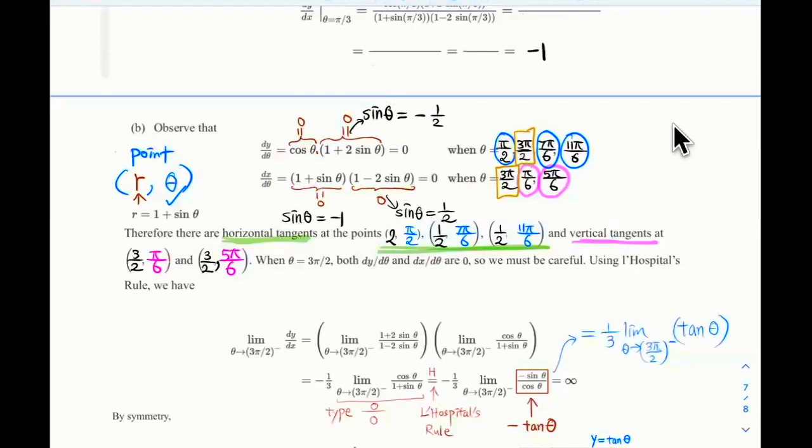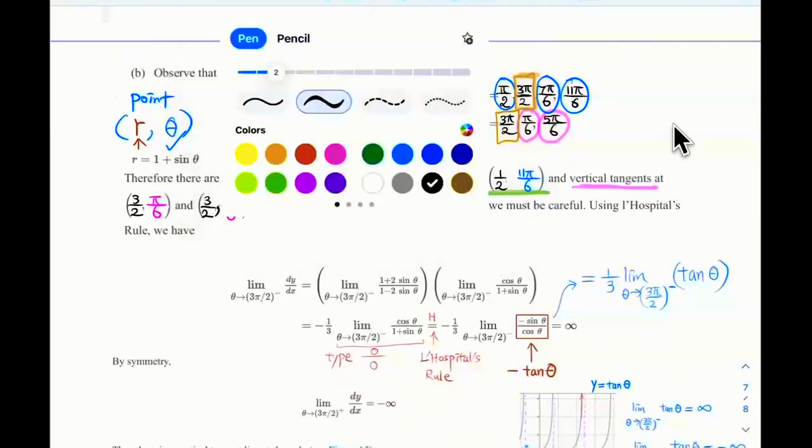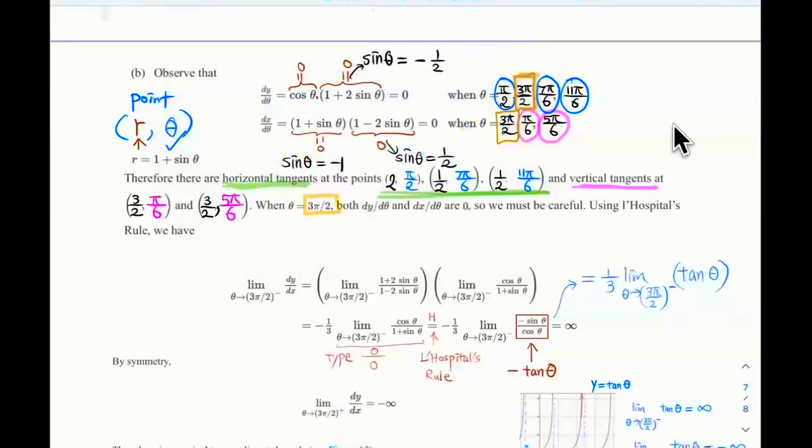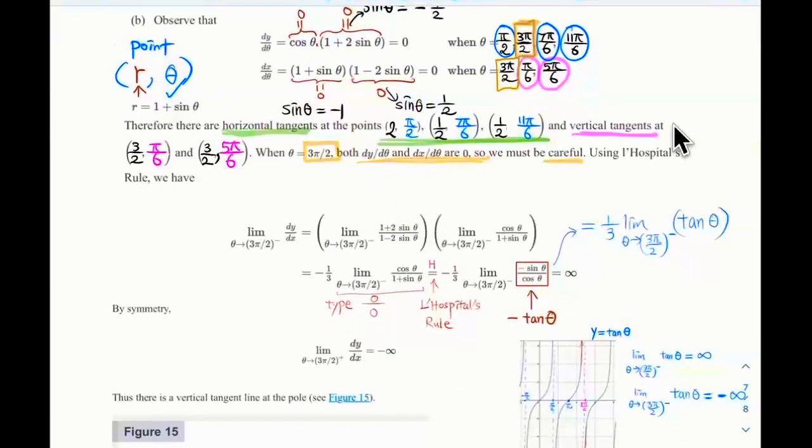Now we're going to tackle this one that is a little bit more complicated, the 3 pi over 2, because both the numerator and denominator equal 0. Let me just circle this. Both of them equal 0, so you have to be careful and use L'Hopital's rule.